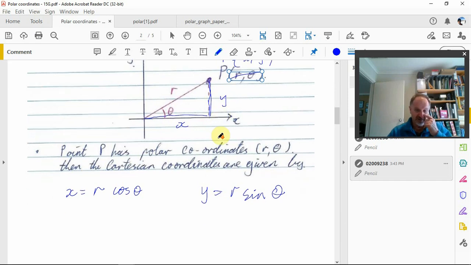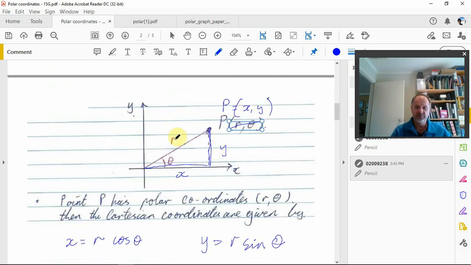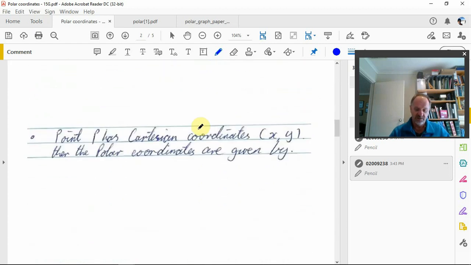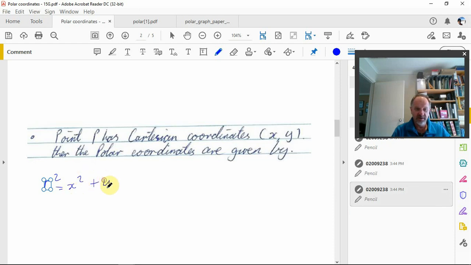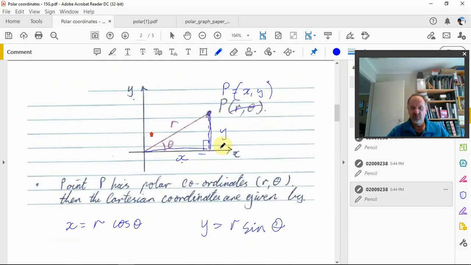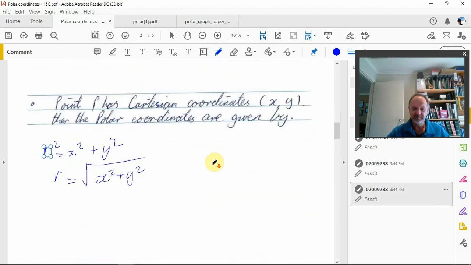We can do that quite simply, because if we do our old friend Pythagoras on that right angled triangle, x squared plus y squared equals r squared. So r squared equals x squared plus y squared, or if we take the square root of both sides, r is the square root of x squared plus y squared. And then, of course, if we've got the coordinates x and y, we've got the opposite and the adjacent, and opposite over adjacent is tan.